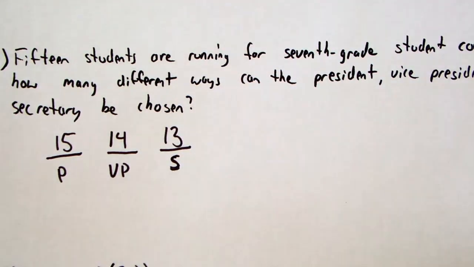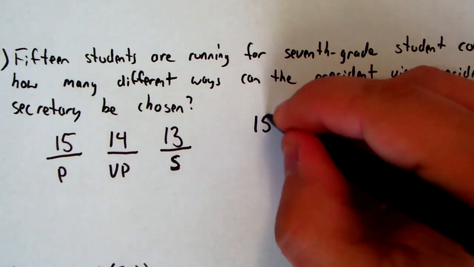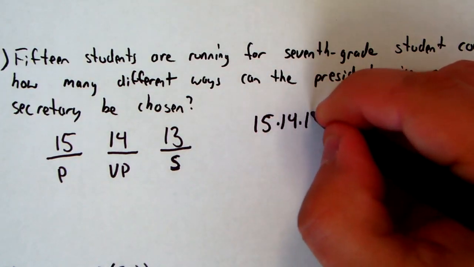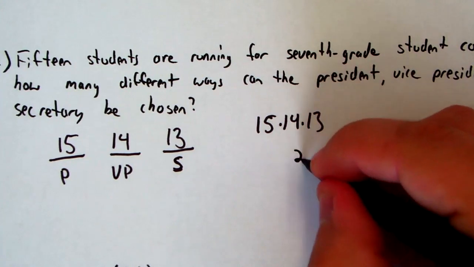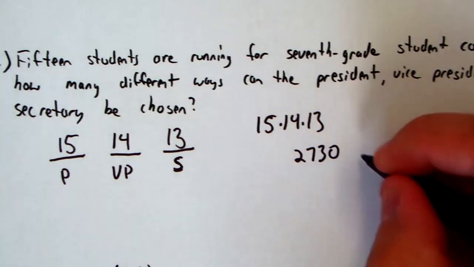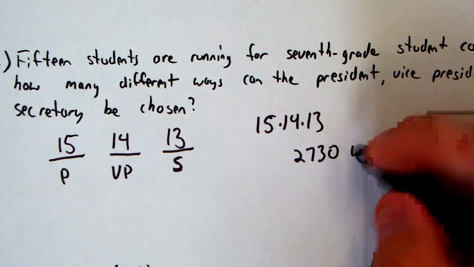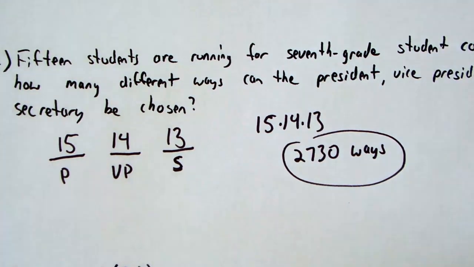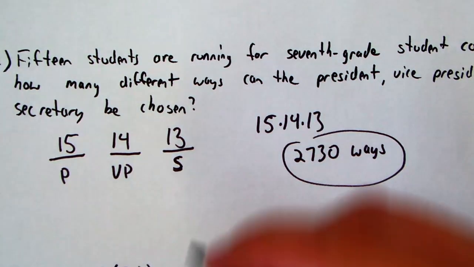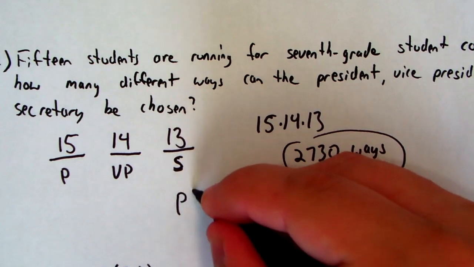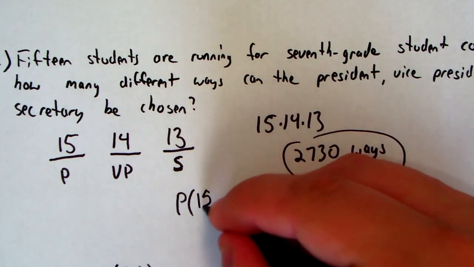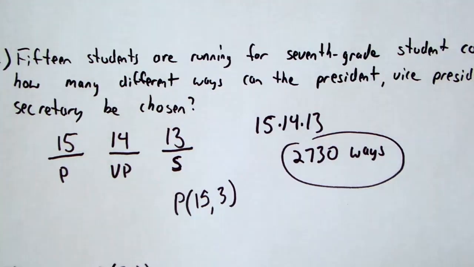If we multiply those 3 numbers together, we have 15 times 14 times 13, and this would be 2,730 different ways. And again, the notation for this would be P with 15 options and 3 openings.